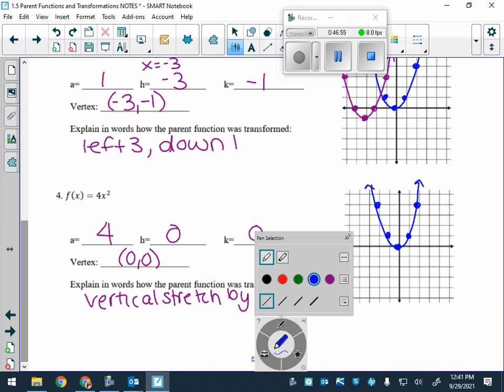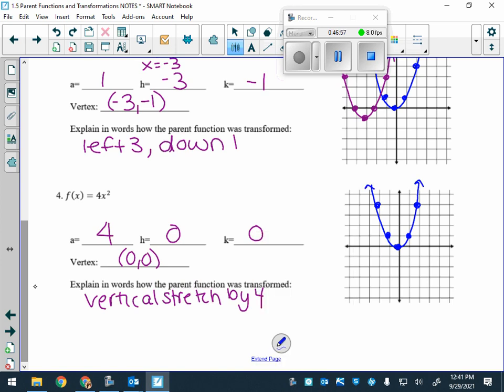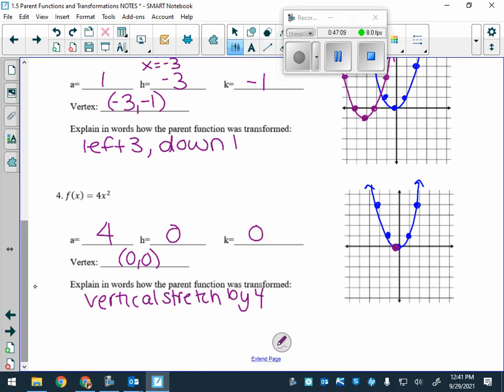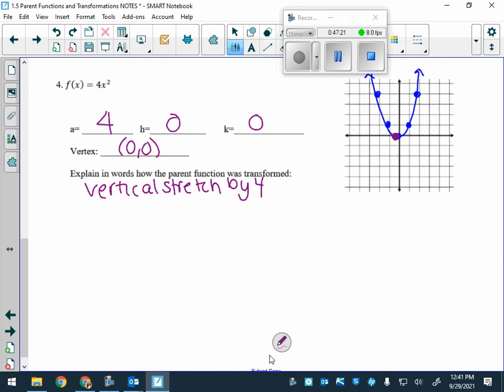Okay. So if it's a vertical stretch, what values are going to change? My vertex is still 0, 0. Yeah, the y value. So what would I have to do to show a vertical stretch then? Yes, the y values are going to change.